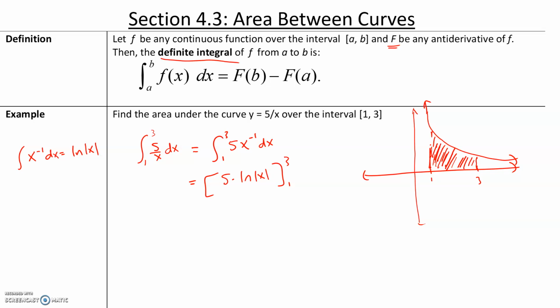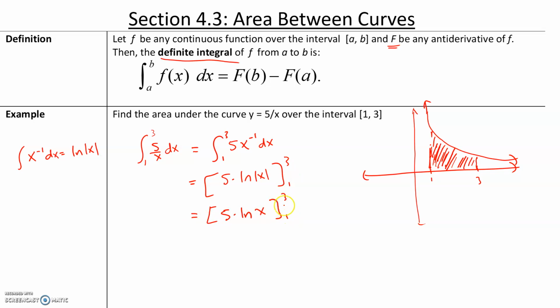Now, we need the absolute value because the natural log, its domain, it's only greater than 0. So basically, x has to be positive. But if we're going from x equals 1 to x equals 3, we don't need the absolute value since both 1 and 3 are positive. So we can just rewrite this as 5 times the natural log of x from 1 to 3.